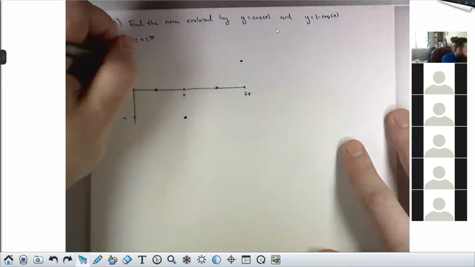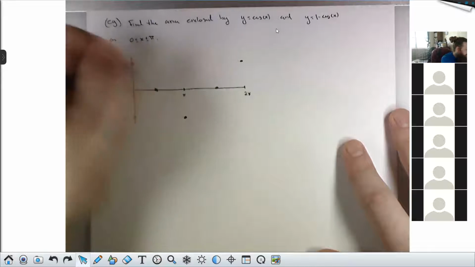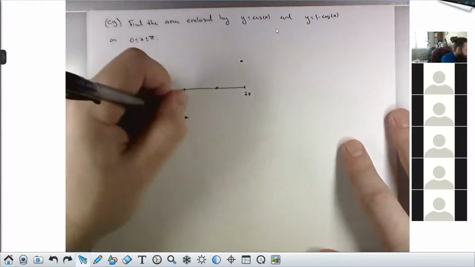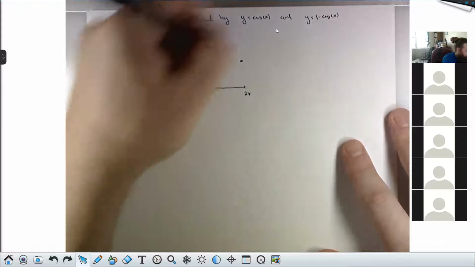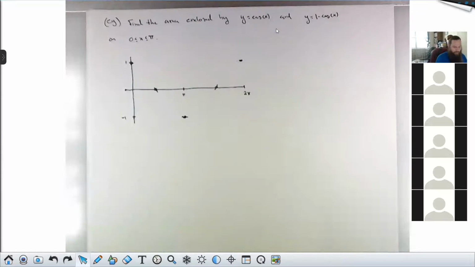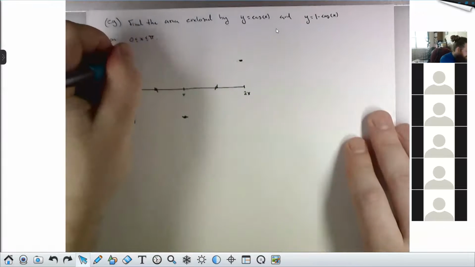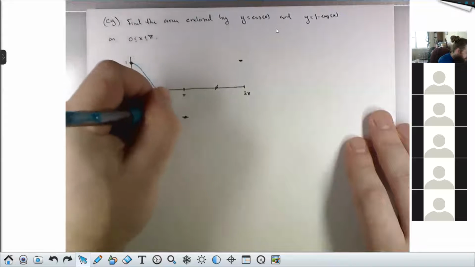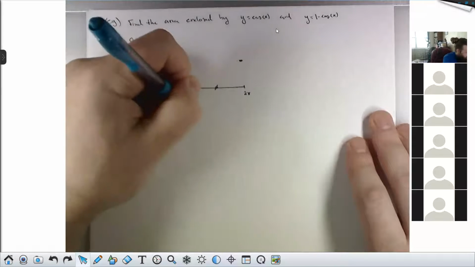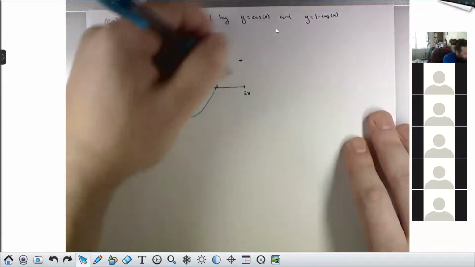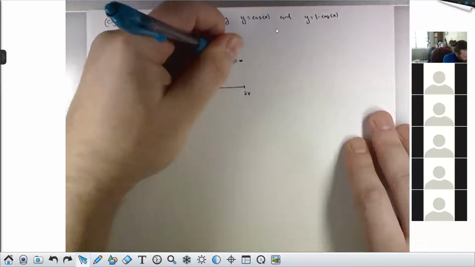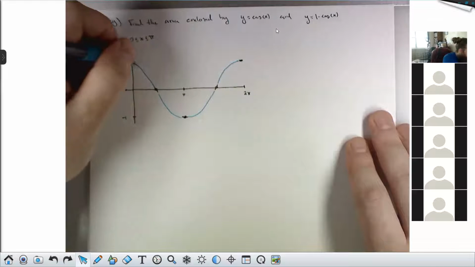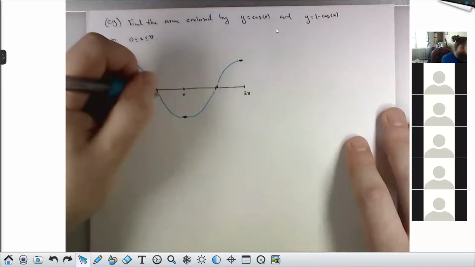You've got tangents looking like these. Maybe I'll do this graph in blue. All right, so there's good old-fashioned cosine.